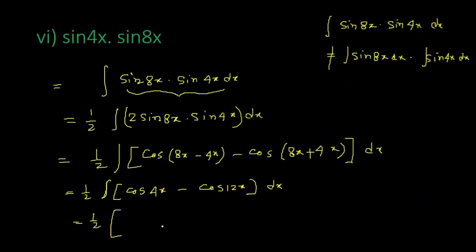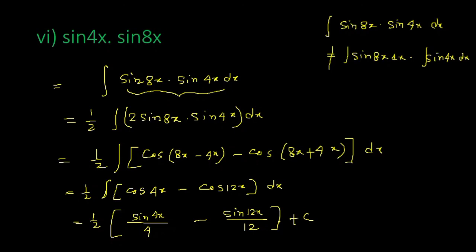So the integration of cos 4x will be sin 4x, and the coefficient of x, that is 4, will be the denominator. Here also the integration of cos 12x will be sin 12x by 12, plus c. Then you can take the LCM and simplify it again, but this is the original result. So this is how we can integrate this type of function.